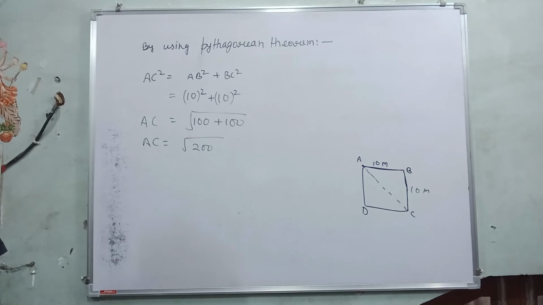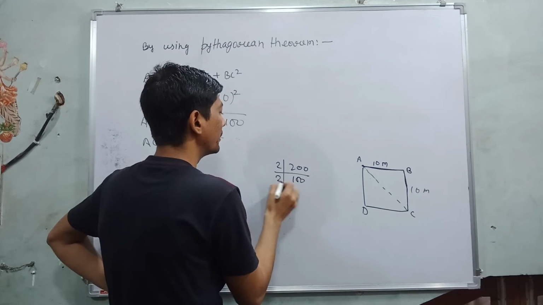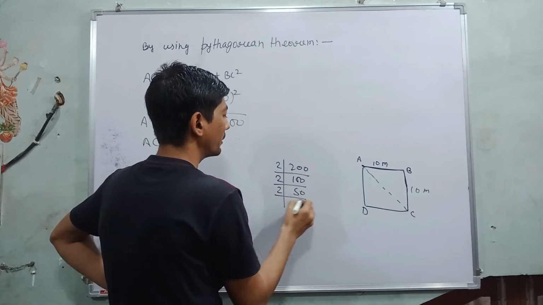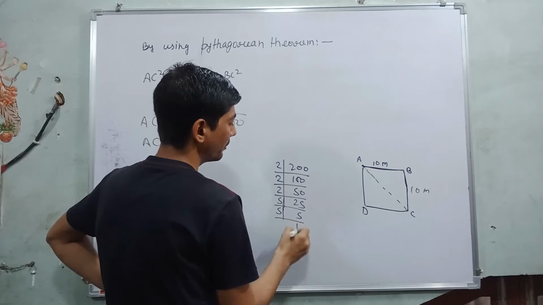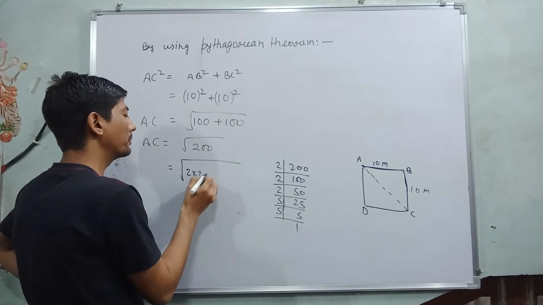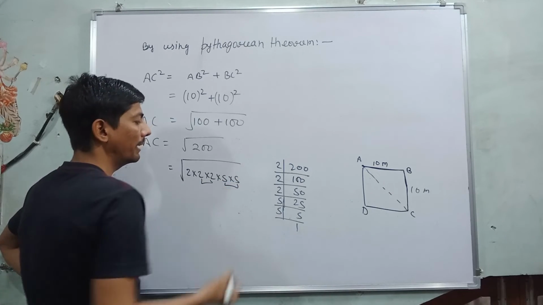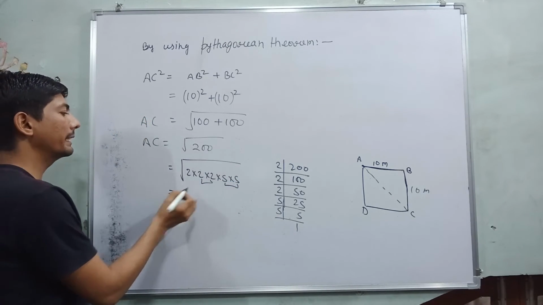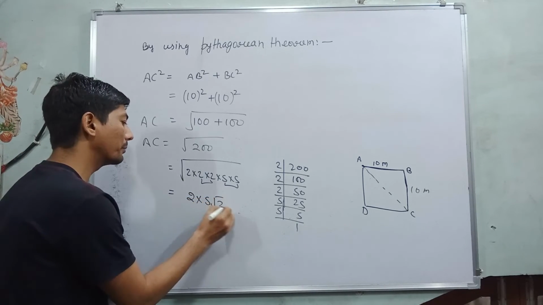Now we take the square root of 200. 200 divided by 2 becomes 100, divided by 2 becomes 50, 25, 5, 5, 1. So here 2 into 2 into 2 into 5 into 5. It forms pairs. So we take the square root of this, we find 2 into 5 square root 2.